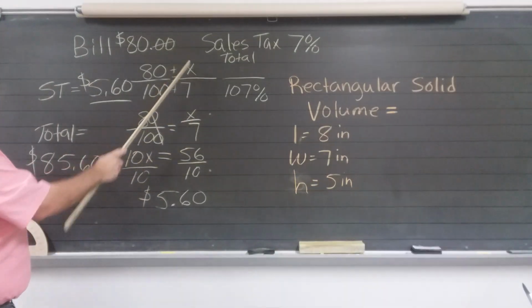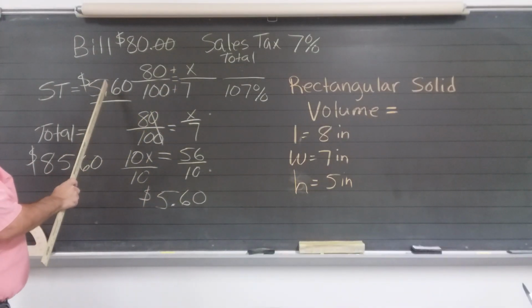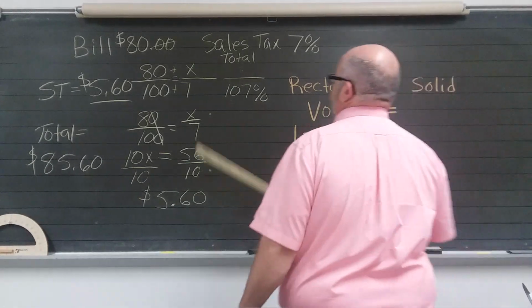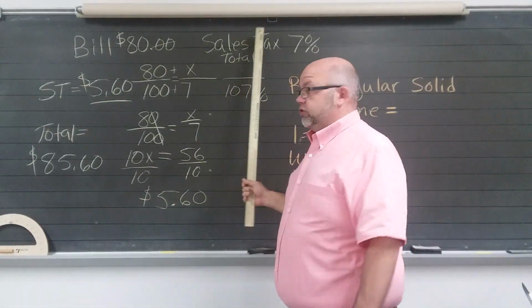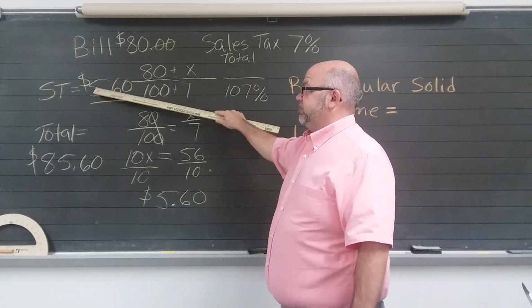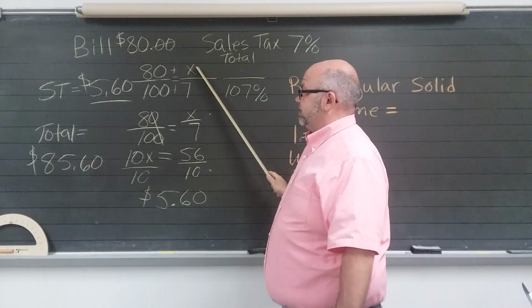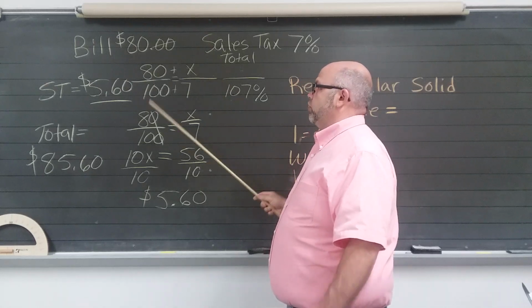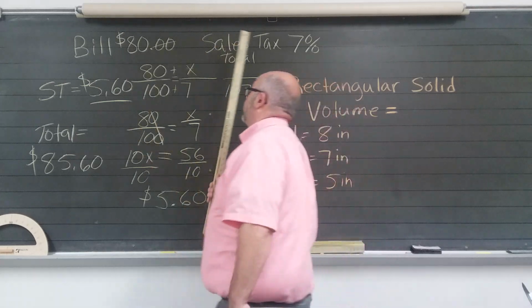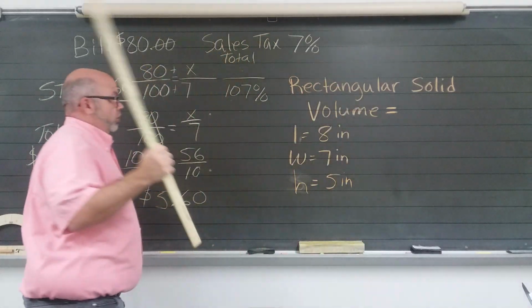The missing number is the tax. So you want two answers, $5.60, $85.60. If it says discount, you do the same thing, except you'll be subtracting. You'll have a discount, the missing number is the discount, and your total will be subtracted. So pay attention to whether or not it says sales tax or discount.